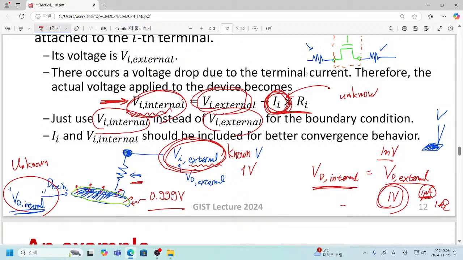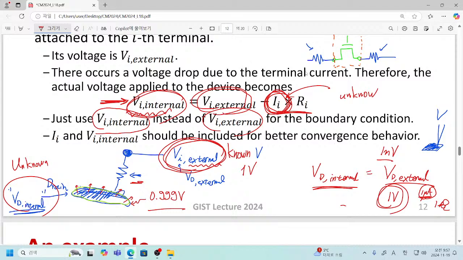Actually, you never considered them as solution variables. You considered just electrostatic potential and carrier densities as unknown variables, and by solving with your Newton-Raphson method, you get their profile, and at the end of your solution procedure, you just reconstruct your terminal current out of potential and electron density, hole density.